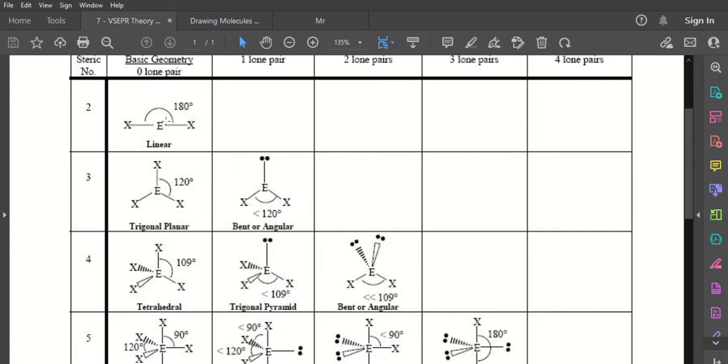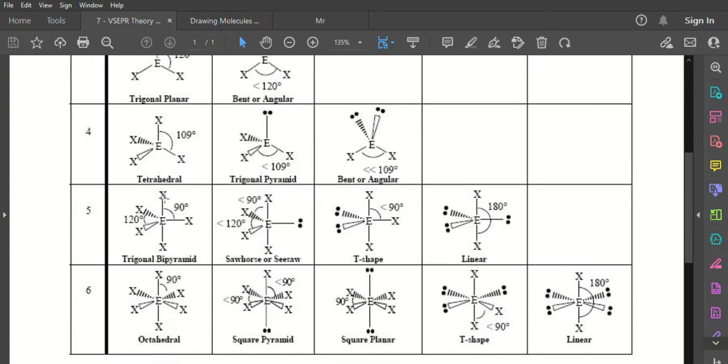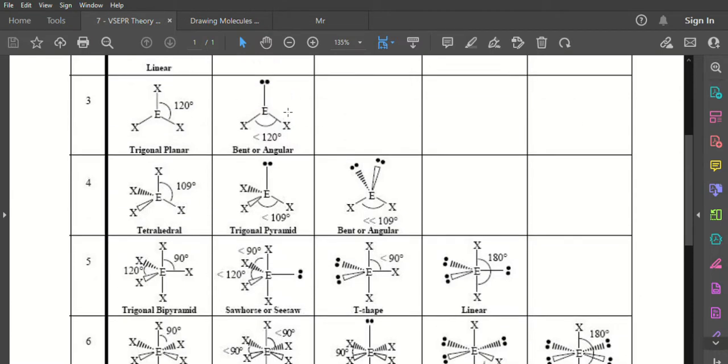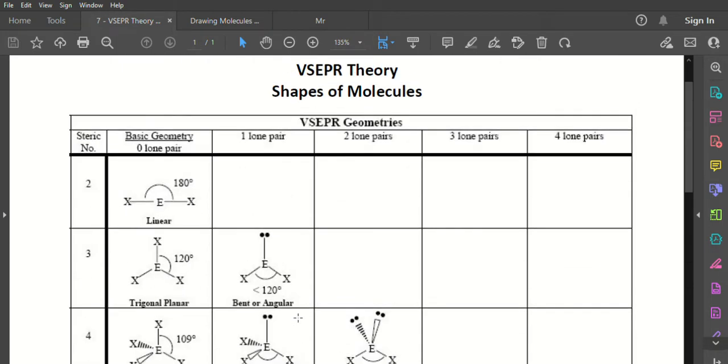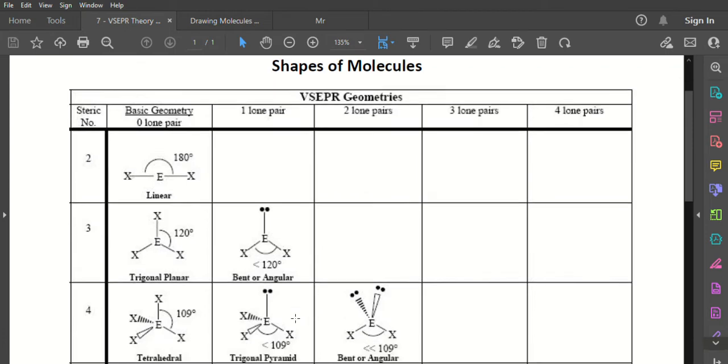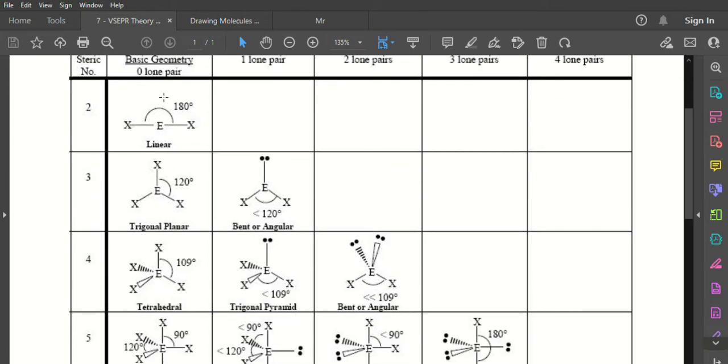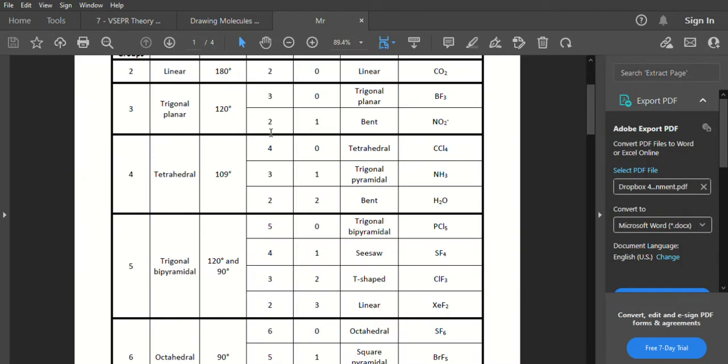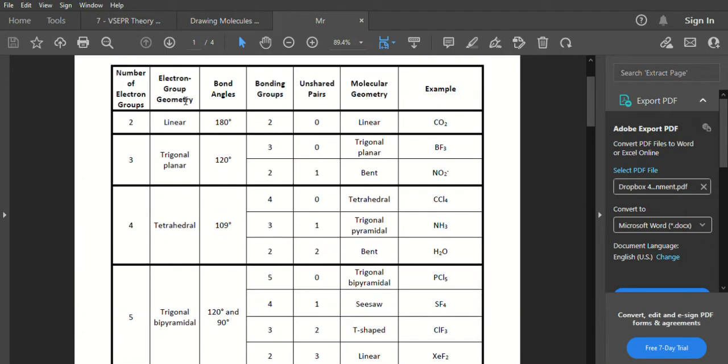First, we want to see that, okay, we covered this first column, which are the basic geometries, and all these words should sound familiar now, but there are a bunch of different projections that we can see here that we didn't get to. So the different shapes that we can have exist because now we can also have lone pairs. So the basic geometry, or if we look at our assignment, we call it the group geometry, can be separated more into molecular geometry.